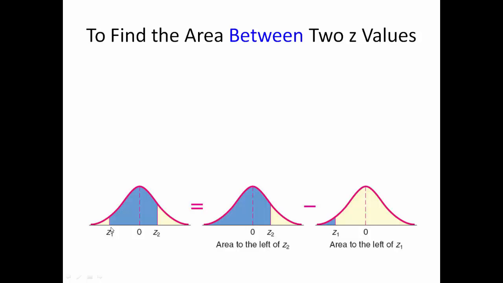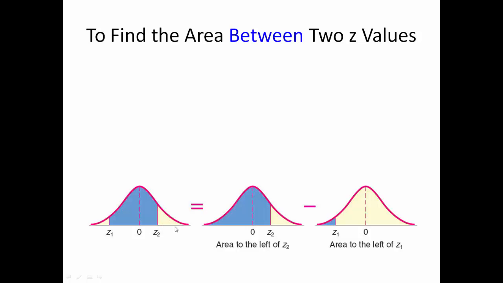What that means is that if I do this every time, I can always find the area between two z values, be it that in this case, one z value is to the right of 0 and the other z value is to the left of 0. What if both of my z values were to the left of 0, or both were to the right of 0?